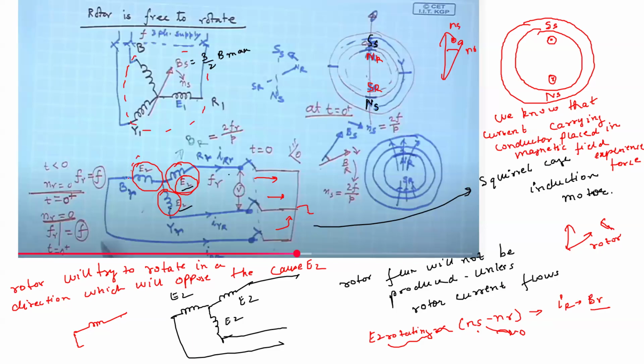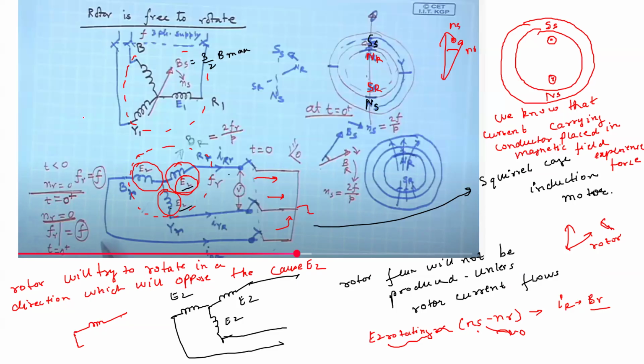Here also it is distributed in space. So here we know that, right? If it is distributed in space, then what will happen? Even if you give a DC current, this MMF will be sinusoidal, right?